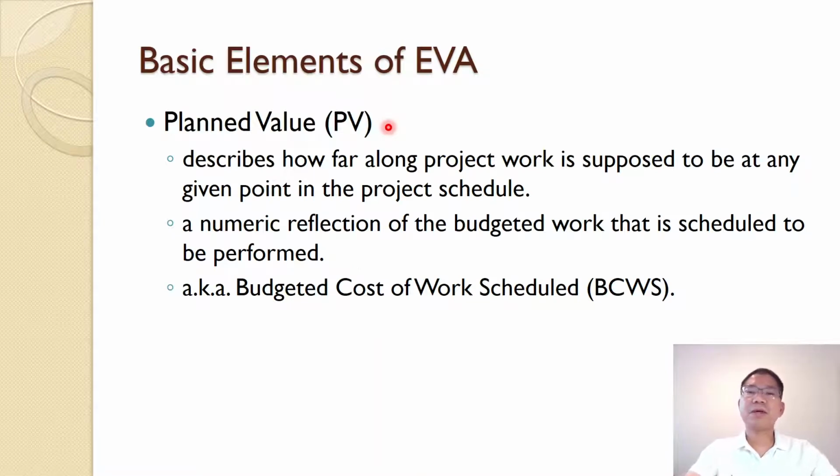The first is the planned value, PV. It describes how far along the project work is supposed to be at a given point in the project schedule. So that is your plan, how far along to be at any given point, after 6 months, after 1 year, or after 1 month. So that is at any given point on the project schedule.